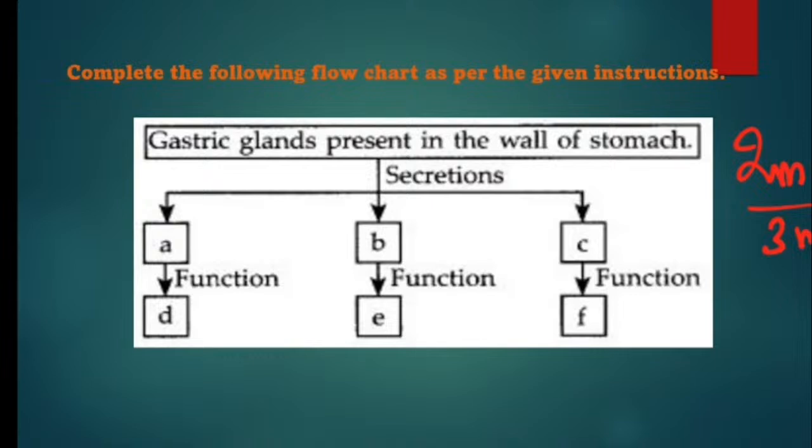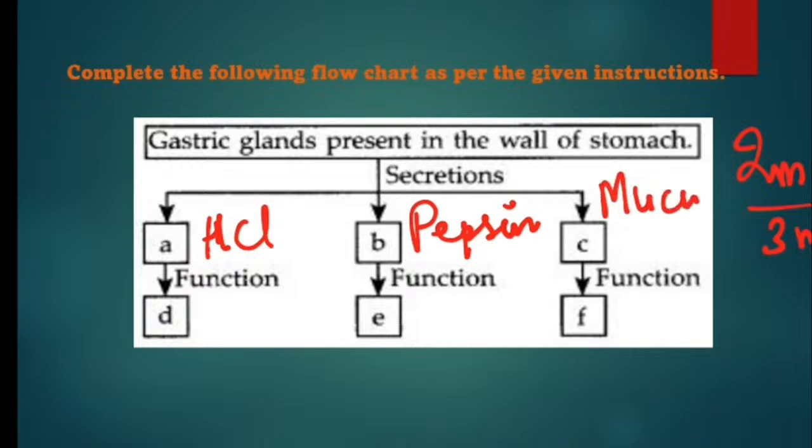Now you have to write what the gastric secretions are and what their functions are. So gastric glands secrete, number 1, HCl or hydrochloric acid. Then they secrete pepsin, an enzyme, and then they also secrete mucus.